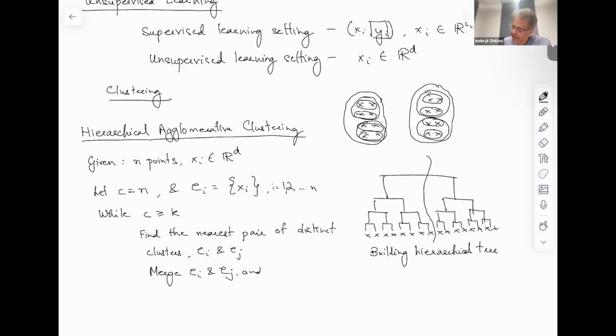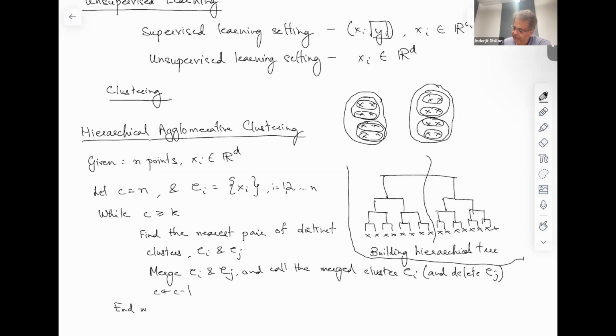Suppose we call the merged cluster Ci. We can delete Cj because all those points are now in Ci. Then we decrement c, so c goes to c minus 1, and that's the algorithm.